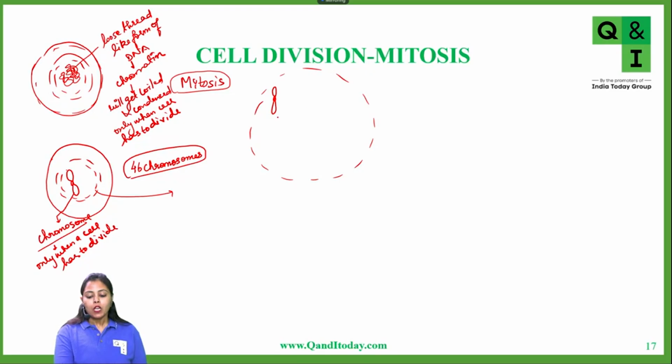In the nucleus of each cell of our body, initially there are 23 different types of chromosomes. This was chromosome number 1, number 2, number 3, number 4, number 5, number 6, likewise there will be a total of 23 chromosomes. These chromosomes are different from each other.